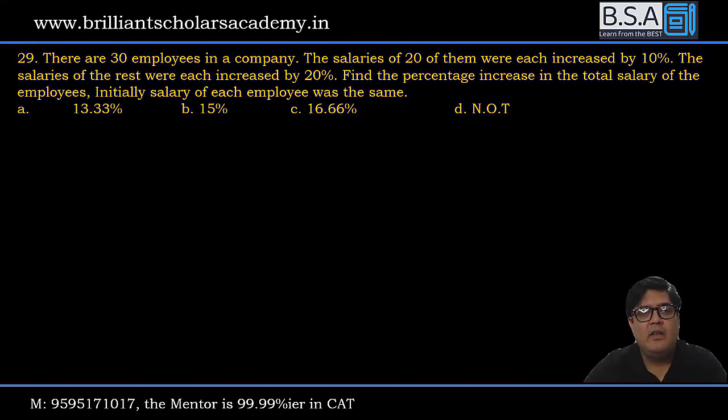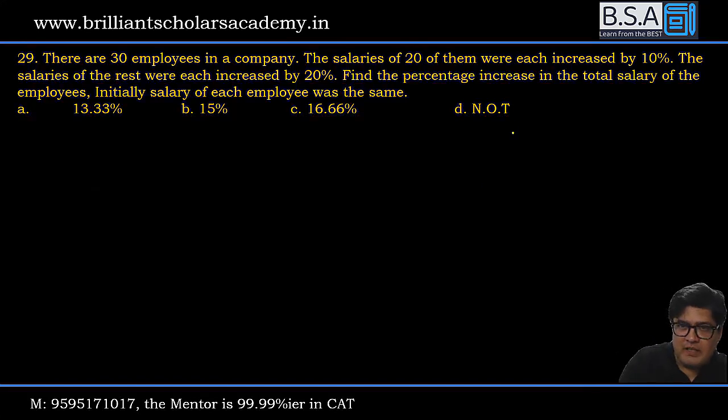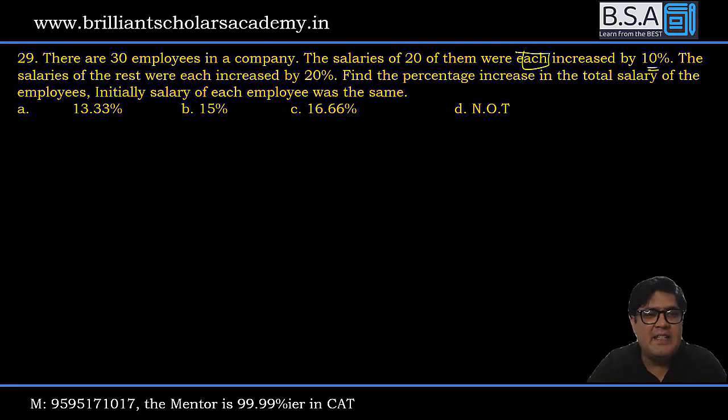Salary, there are 30 employees in a company. The salaries of 20 of them were increased by 10%, and salaries of the rest each were increased by 20%. Find the percentage increase in total salary of the employees.